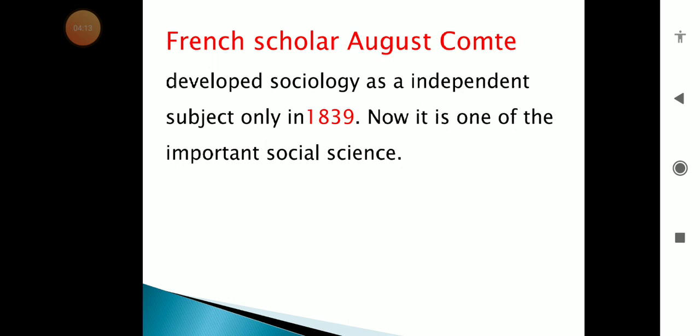Here we'll see the French scholar Auguste Comte. He developed sociology as an independent subject only in 1839. Before that, sociology was not an independent subject. Auguste Comte, the French scholar, is also known as the father of sociology, right? Though it became an independent subject just recently, we see that it is the oldest subject.